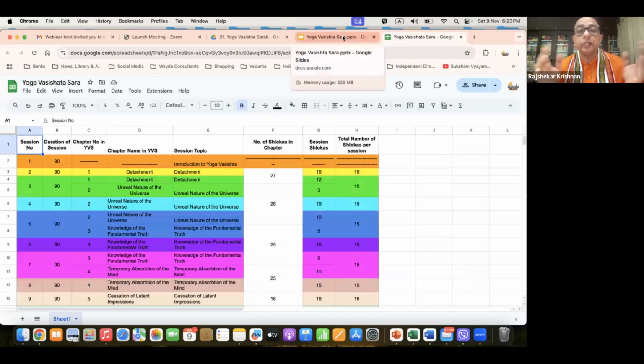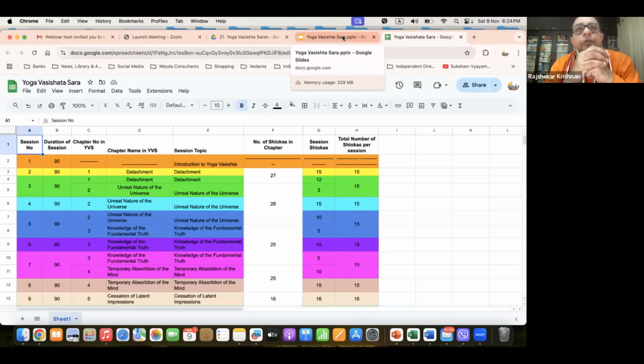The Yoga Vasishta Sara is rather, let me begin with the wider version. The Yoga Vasishta itself is supposedly, because scholars will always disagree, the composition of Valmiki.